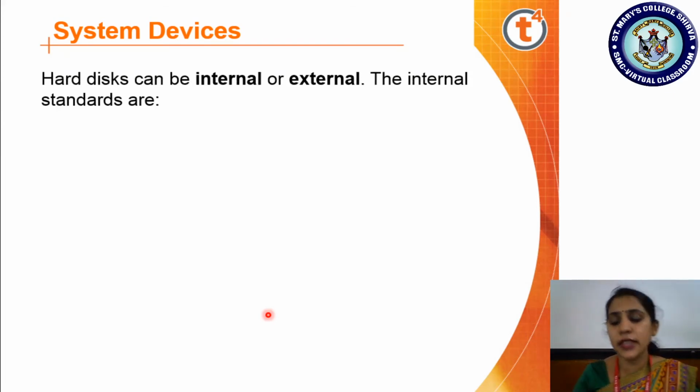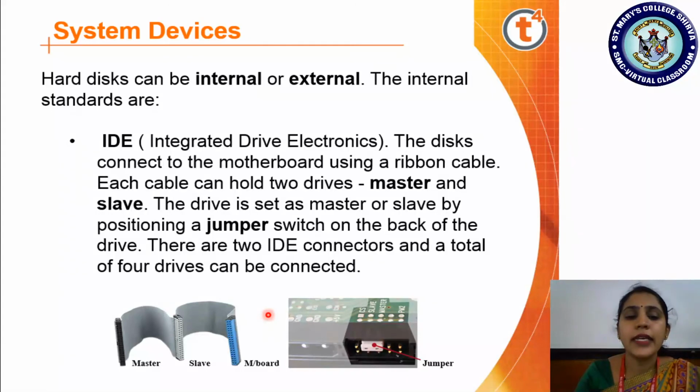Like the internal standards are IDE. I have told you many times about the primary memory and secondary memory. In our computers we will be having an internal hard disk, which we partition as C drive, D drive and so on.